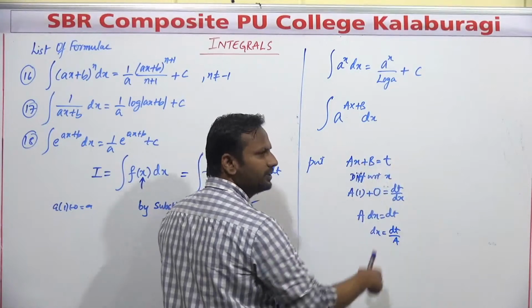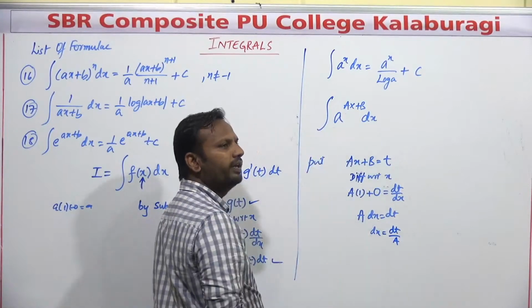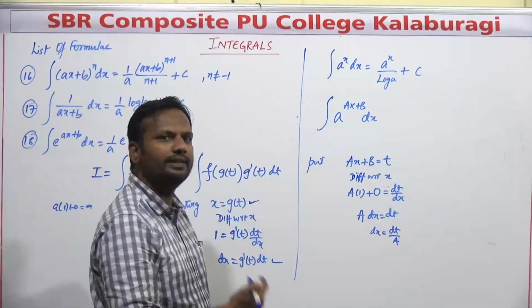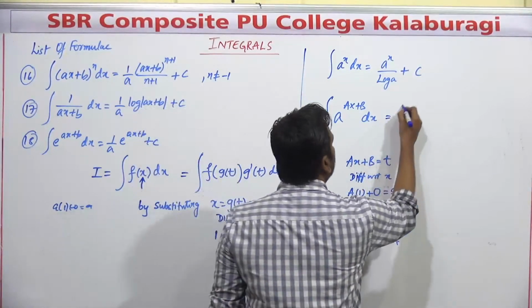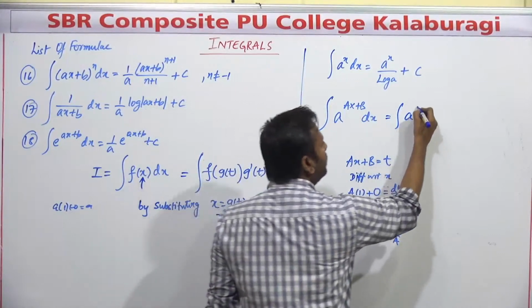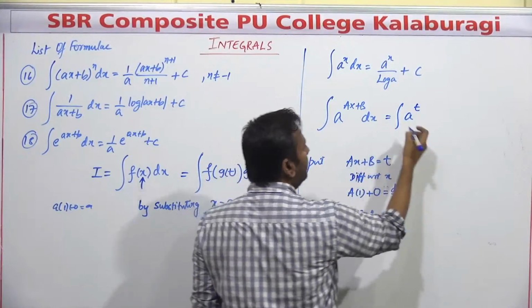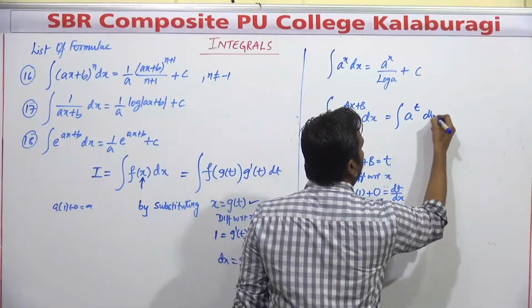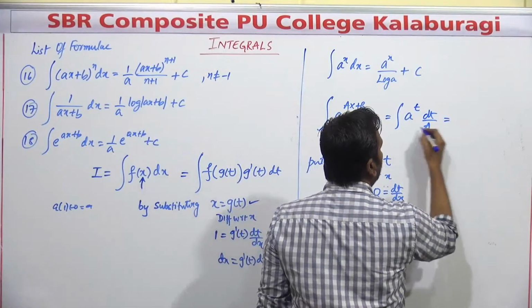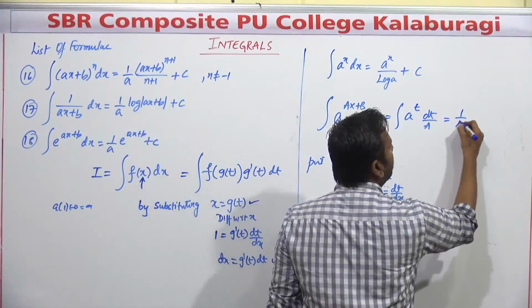Replace all these substitutions in the given integral to get an easily integrable form. So a to the power ax plus b, what we took here is t, right? And dx is dt by a. So what we got now? 1 by a is a constant, take it outside the integral.